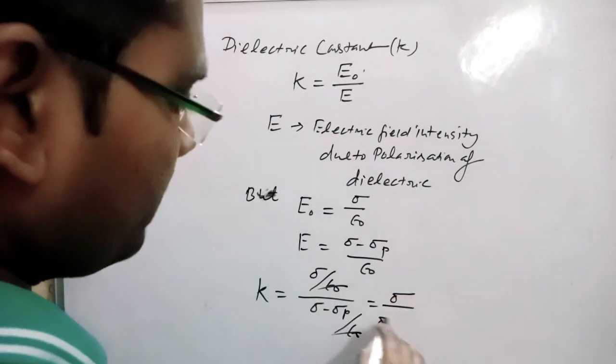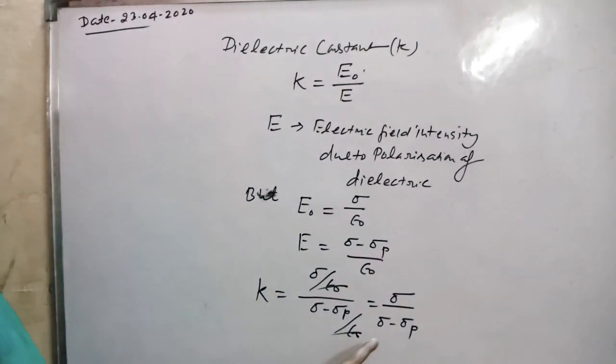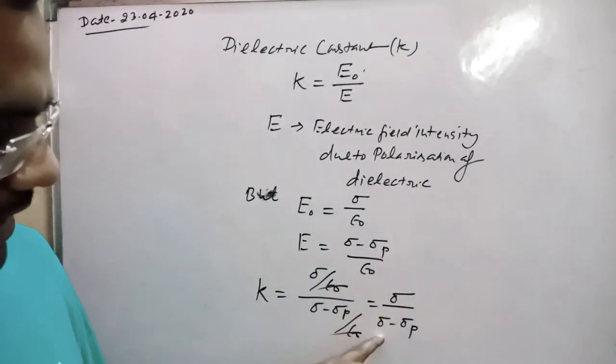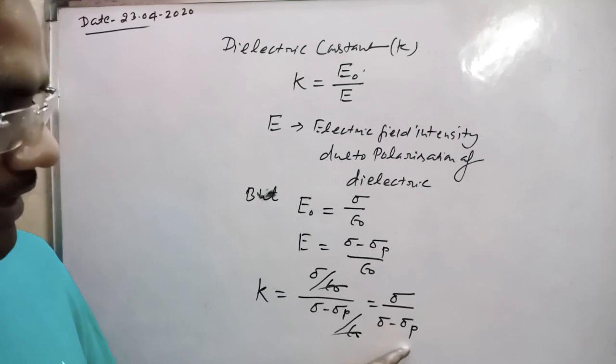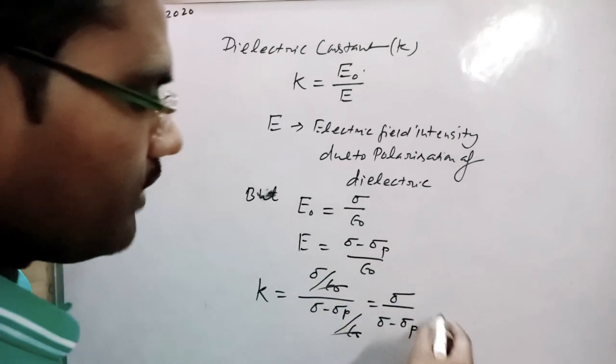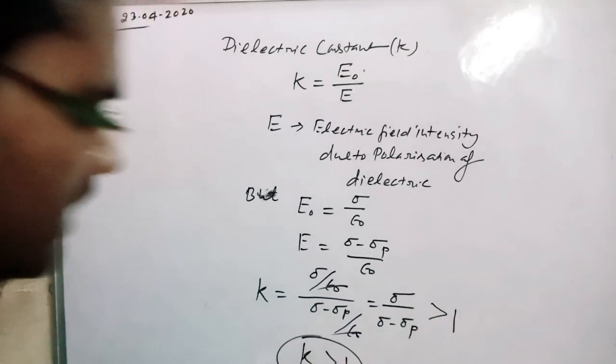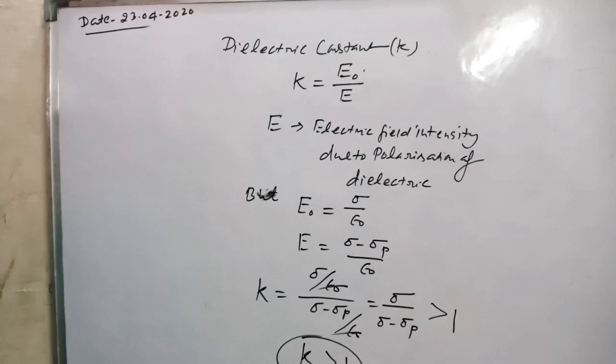That means sigma divided by sigma minus sigma p. Here the denominator is less in comparison to sigma. That means this value is greater than 1. That means the dielectric constant of any dielectric or substance is greater than 1.